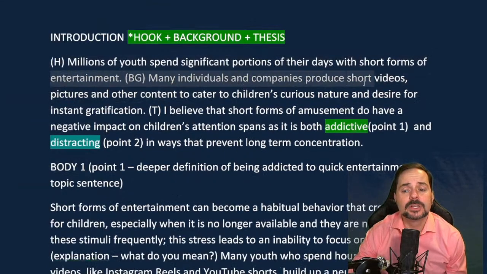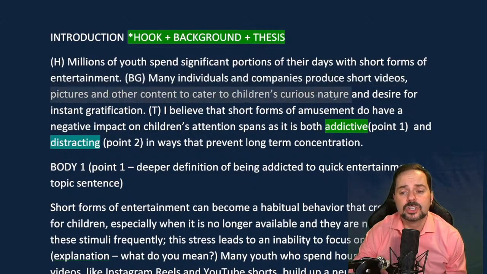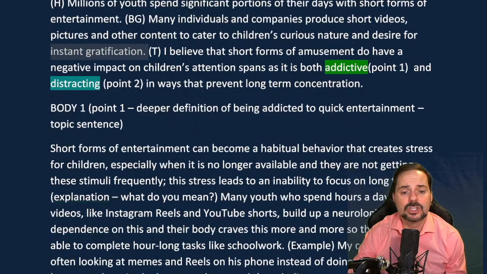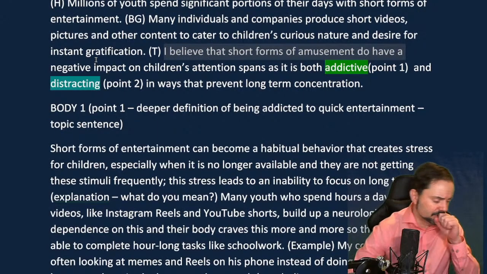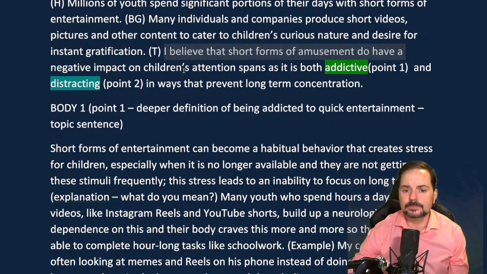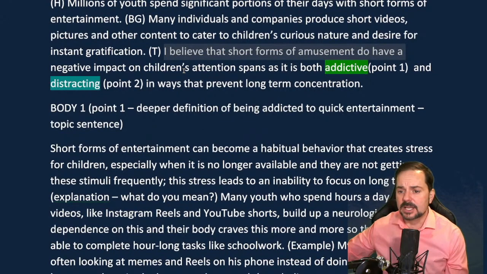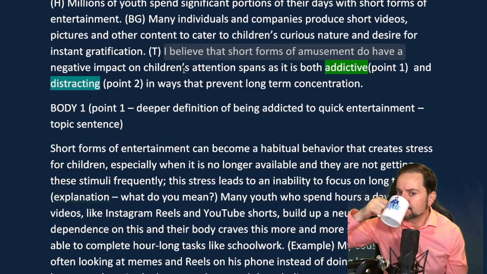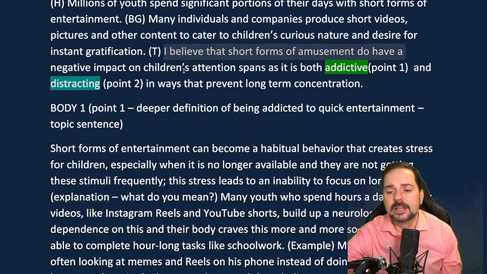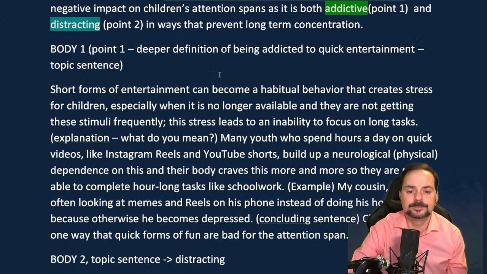Many individuals and companies produce short videos, pictures, and other content to cater to children's curious nature and desire for instant gratification. I believe that short forms of amusement do have a negative impact on children's attention spans as it's both addictive and distracting in ways that prevent long-term concentration.